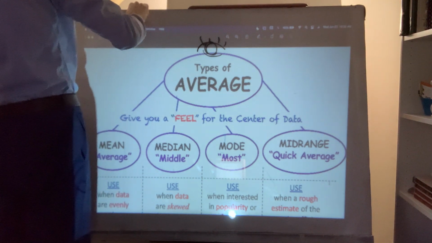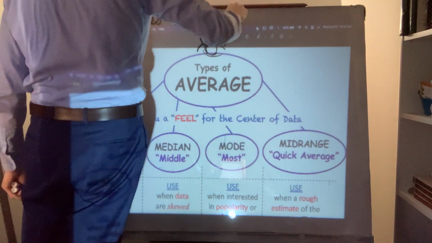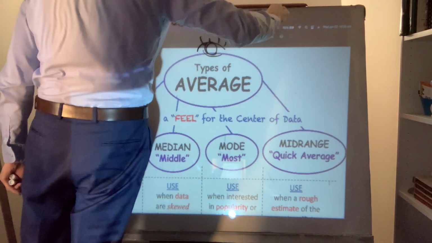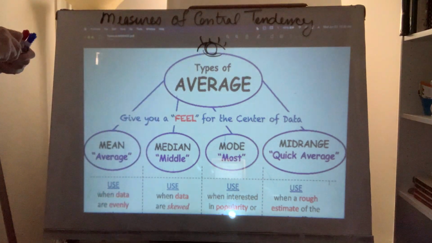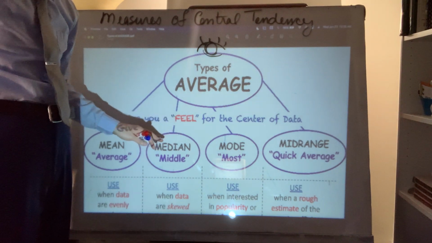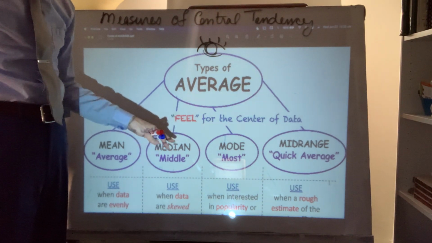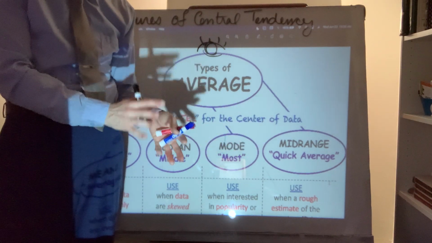Measures of central tendency. They more or less give you a feeling that might seem a little odd in math class, right? But they do. They're meant to give you a feel for the center of data, where the middle is essentially.